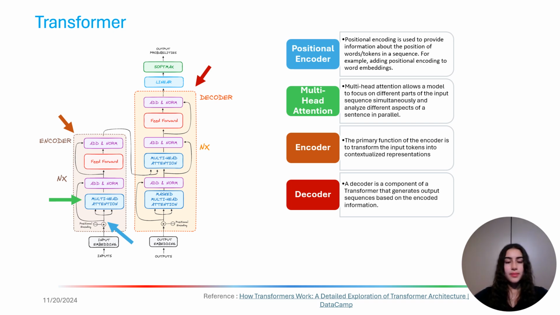This is why encoders are important because you need to make sure that the context you give is understandable. Moving forward, there's also the decoder, and it's a component of a transformer that generates output sequences based off of the encoded information. That can be seen here through the top arrow.